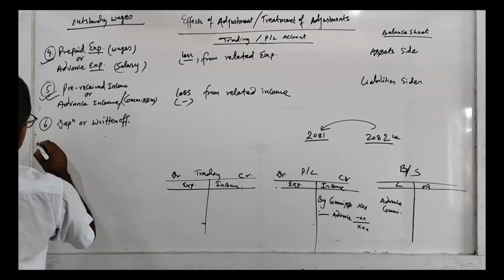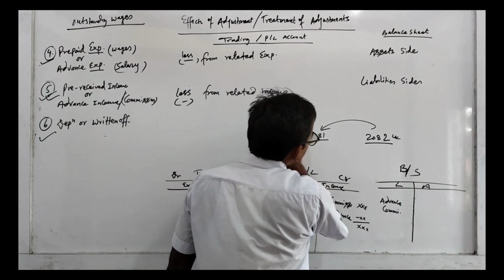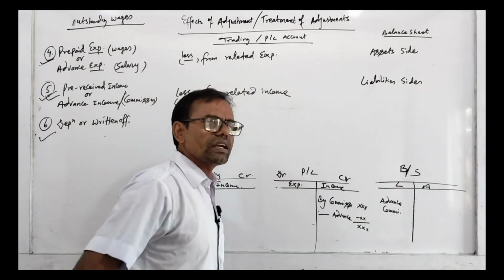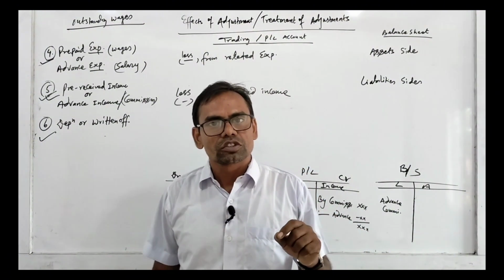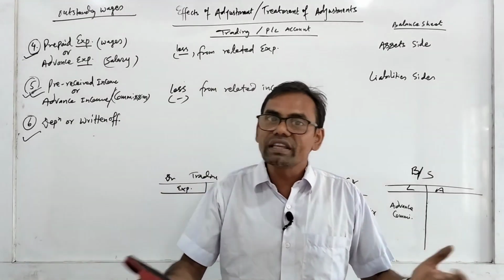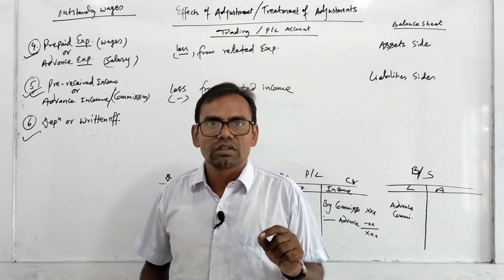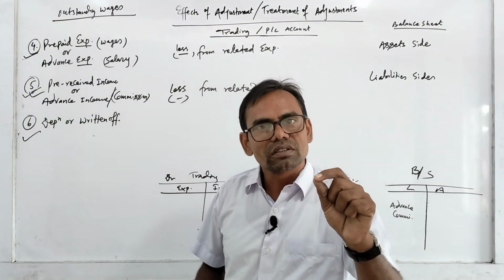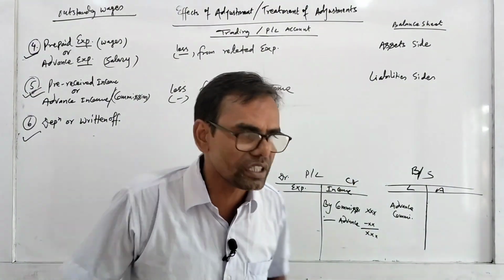And next point is depreciation or written off. What is this depreciation? Actually, depreciation is charged on fixed assets. Suppose machine is being used whole year, and because of its use the value of machine is decreased, and this decreased amount is known as depreciation.